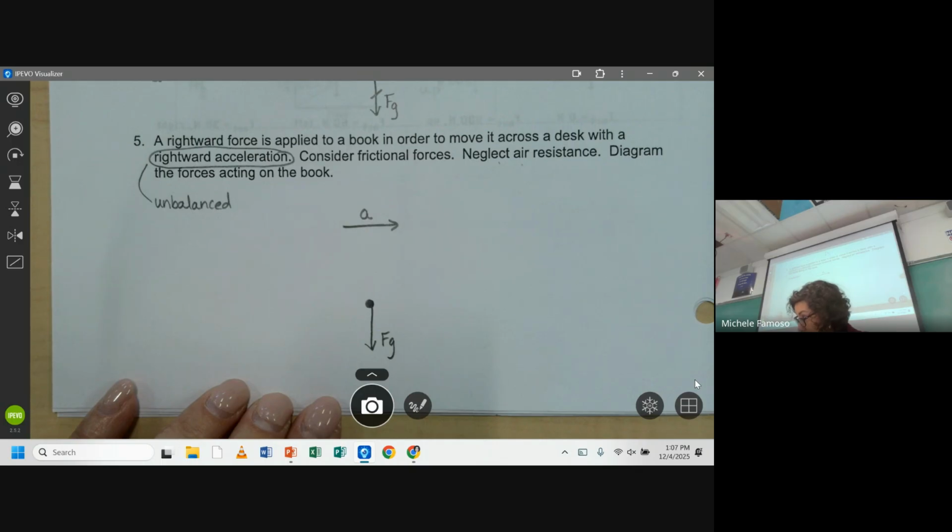Anson, can you help him? Okay. Which way would friction act? No. No. Caroline, you want to help him out? Give me another force. Okay. Which way is that going to act?